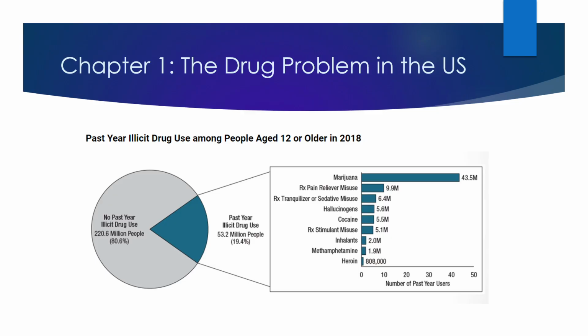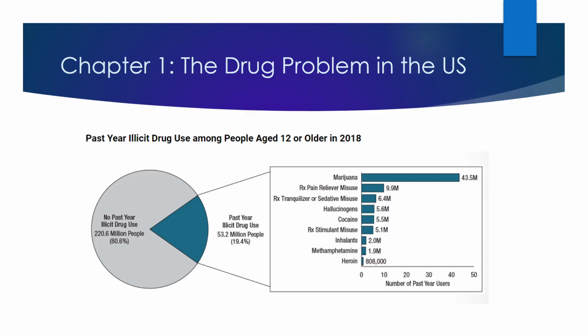You can see that in this particular year of 2018, over 6 million people were misusing those prescribed drugs. The misuse of drugs that come from a doctor, from a pharmacy, is more common than it used to be. We'll get into more of the details of that later on.